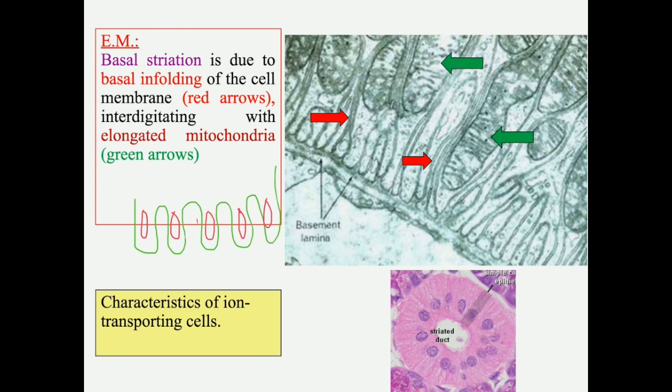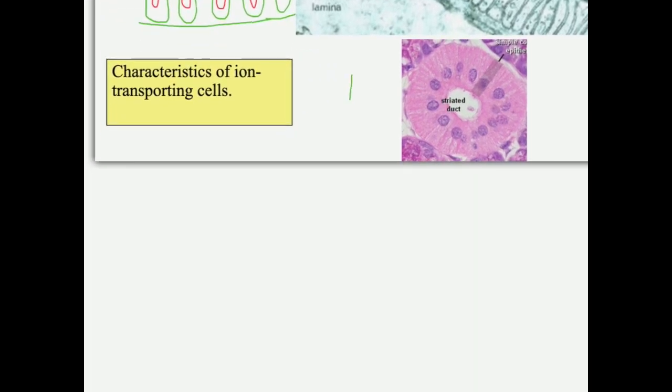What ion? Actually, this cell is called a secretory cell. Here is the basal membrane, and this is the cell, and this is the base of the cell.